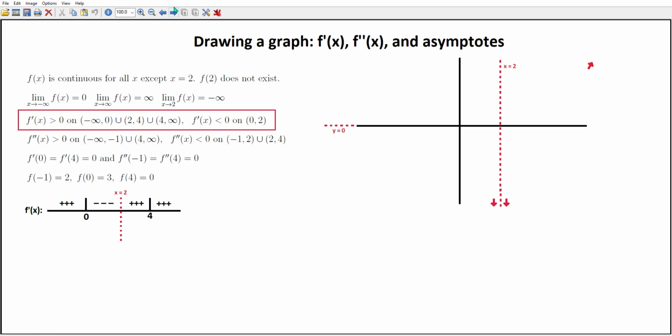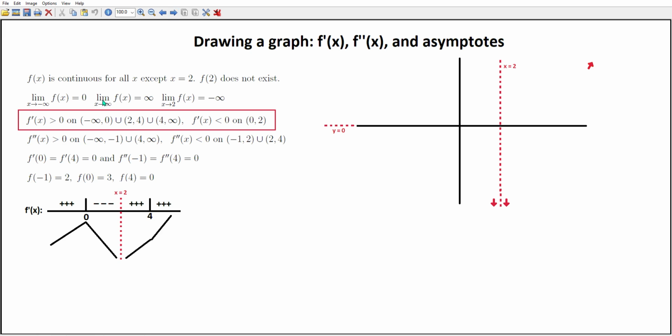Next, we translate that into increasing and decreasing, and we discover that the function is increasing on minus infinity to 0, decreasing on 0 to 2, increasing on 2 to 4, and increasing on 4 to infinity.